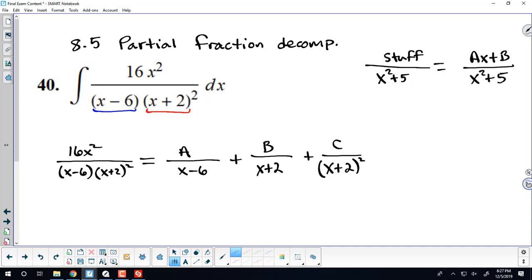And if it were stuff over x squared plus 5 squared, then you do the same thing with cx plus d over x squared plus 5 squared.